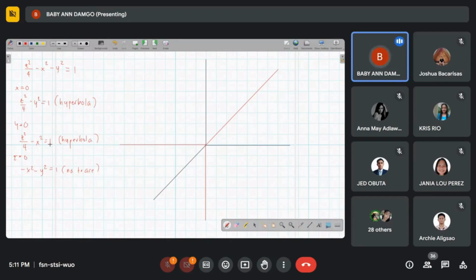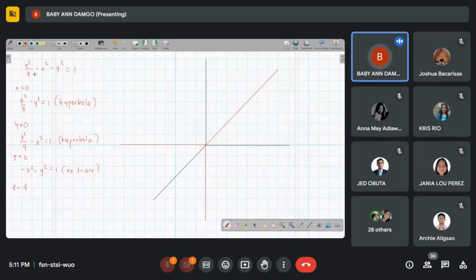So, another, di ba, mag-limit ta sa z. So, here, ang atong i-limit is z equals 4. Pwede ra sad ta mag-standard lang para same ta graph no nga z is equals to 4 ang atong i-limit. Okay?